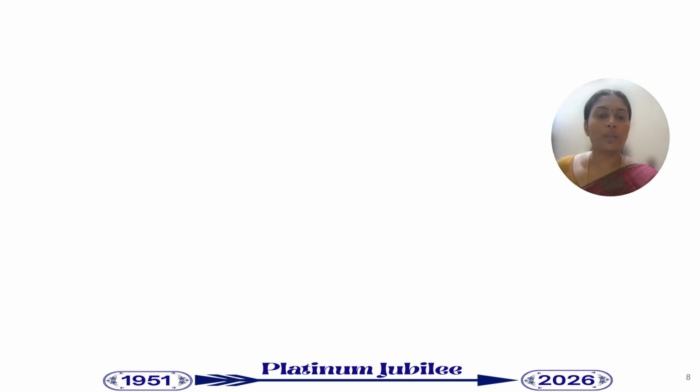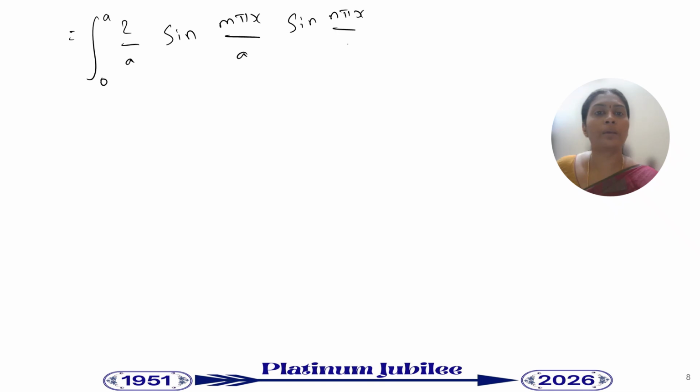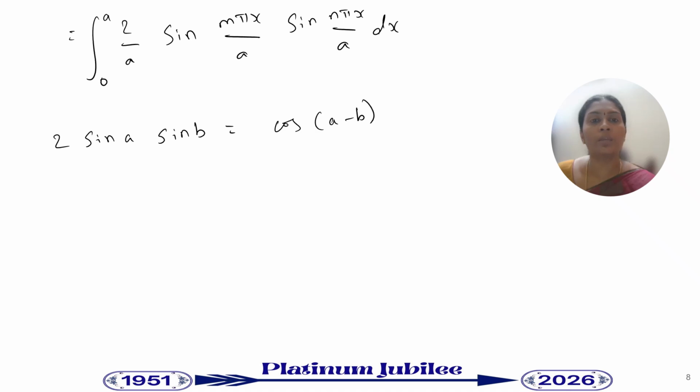So I'm going to write the same equation, which is nothing but integral 0 to a of 2 by a sine m pi x by a into sine n pi x by a into dx. Here we are just going to use a formula, 2 sine a sine b is equal to cos(a minus b) minus cos(a plus b).